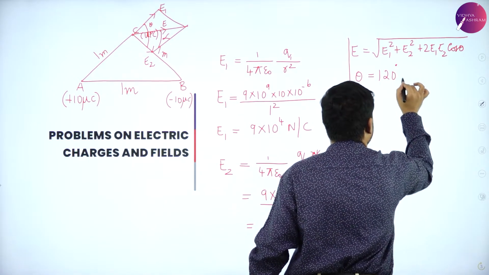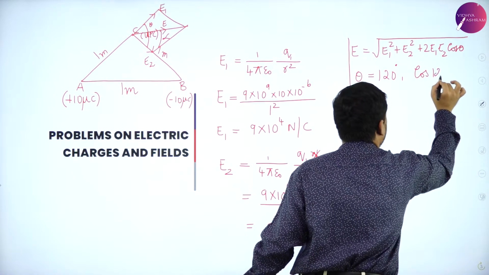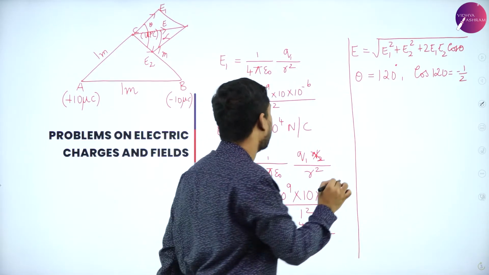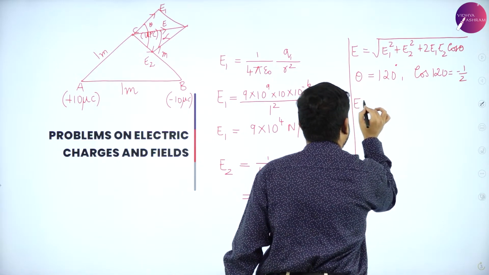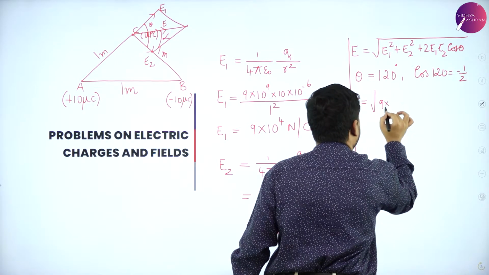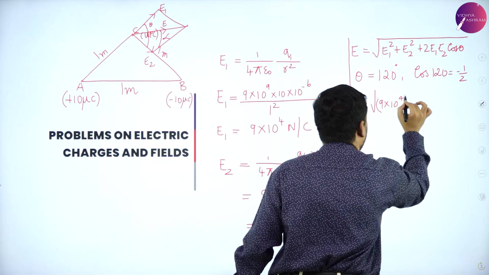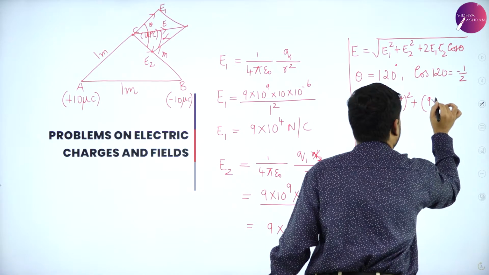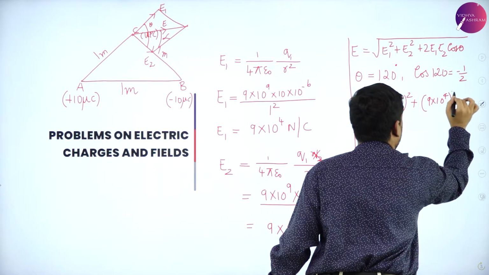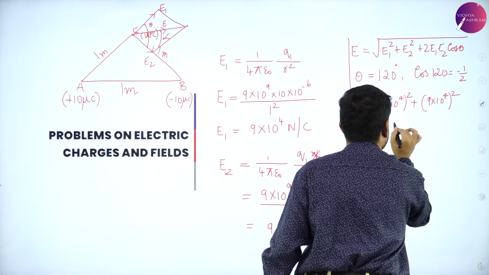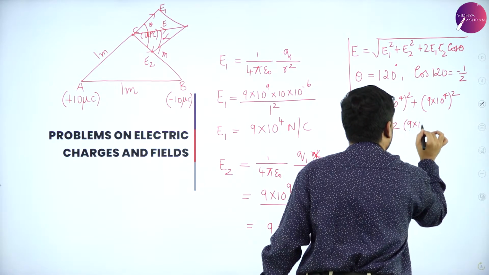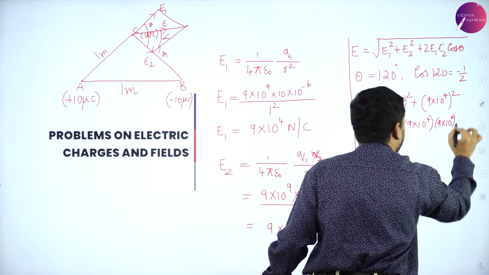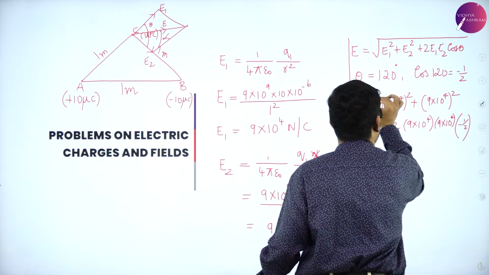And all of us know cos 120 is minus half. So on substitution, E is root of 9 into 10 power 4 whole square plus 9 into 10 power 4 whole square plus 2, 9 into 10 power 4, 9 into 10 power 4, minus half.